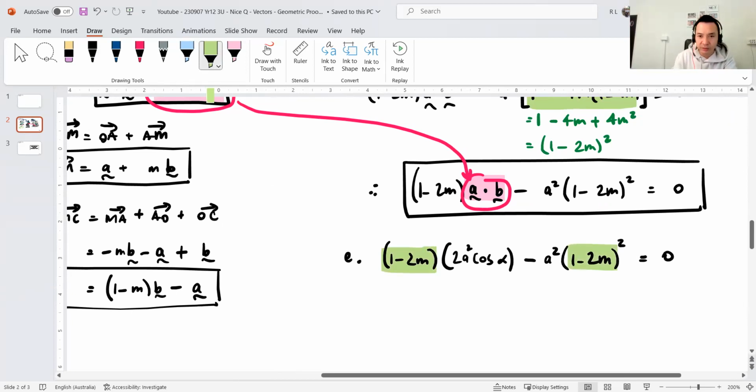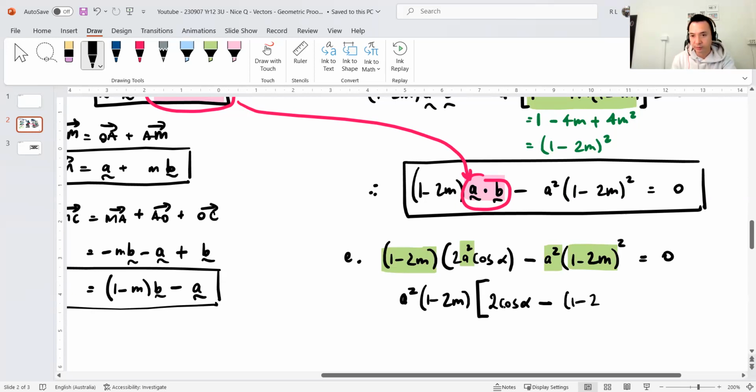And maybe the A squared as well. Factorize A squared out. So A squared 1 minus 2m. Right, that's gone. So it'd be 2 cos alpha. Yeah, minus, so 2 cos alpha minus, that's gone, and then it'll be like 1 minus 2m.